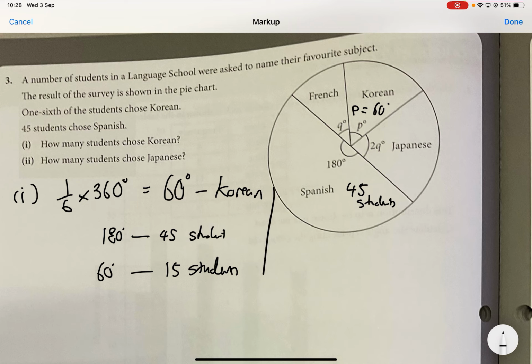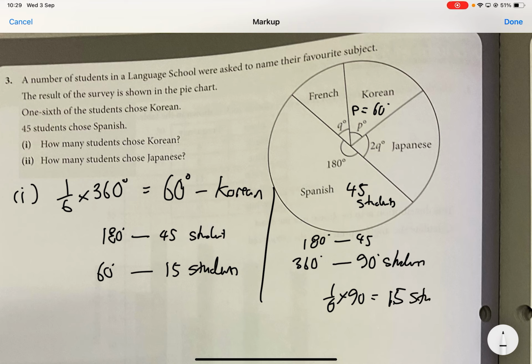Then 360 degrees is 90 students. 1/6 of them chose Korean. Then you can also do 1/6 times 90, which also gives you 15. You can go by the two different ways, as long as your understanding is correct.